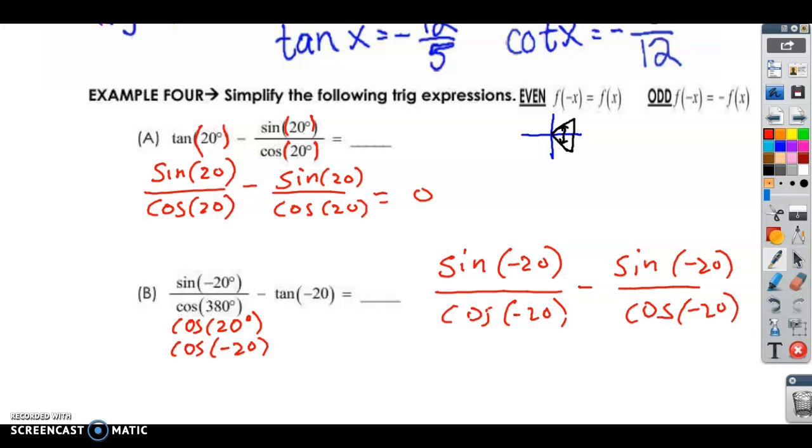Same thing, equals 0. Okay, now if we chose to make them all positive, when you pull the negative out, the negative's got to go in front of the sine. And for the cosine, the negative just goes away. For the tangent, it's got to go in front. So that would change it to a plus. All right, so I think, are we done? No, I don't think we're done.